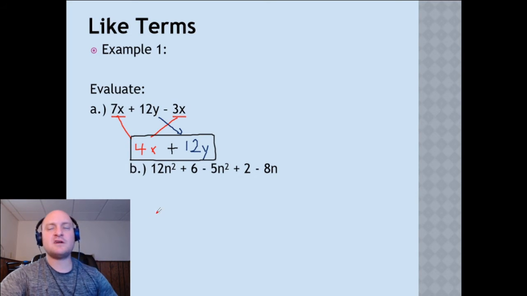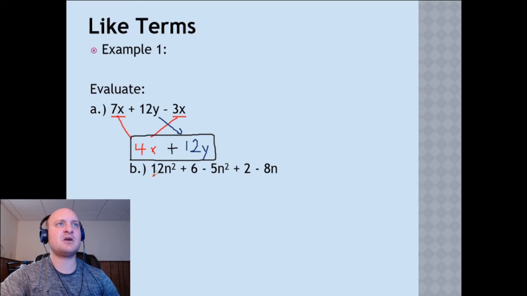For our second example, it's curious because there are multiple places that have n on them. However, one of them is different than the others. This minus 8n at the end here does not have the same thing on it as the first n squareds. So I will combine the 12n squared and the minus 5n squared. They'll make 7n squared. But those must be kept separate from the minus 8n.